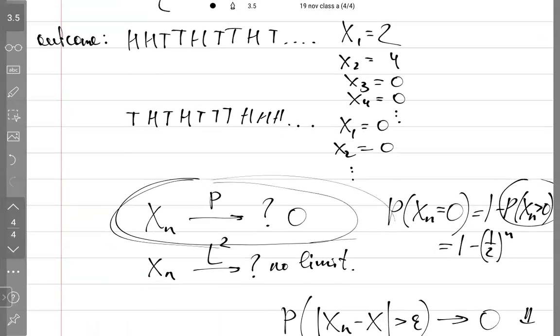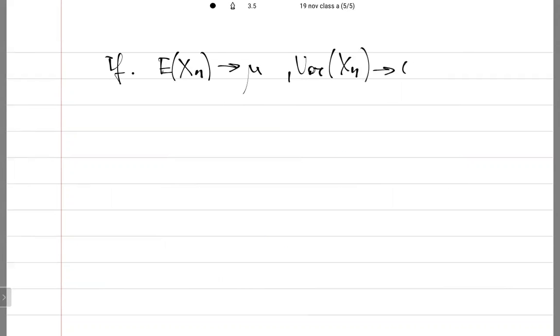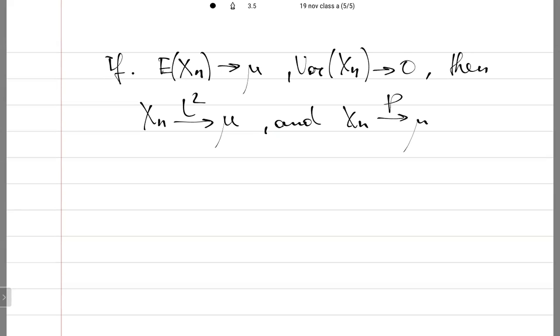We need one simple theorem, basically a consequence of the Chebyshev inequality, that says that if the expected value of xn tends to mu and the variance of xn tends to 0, then xn converges to mu in L2, and xn converges to mu in probability.